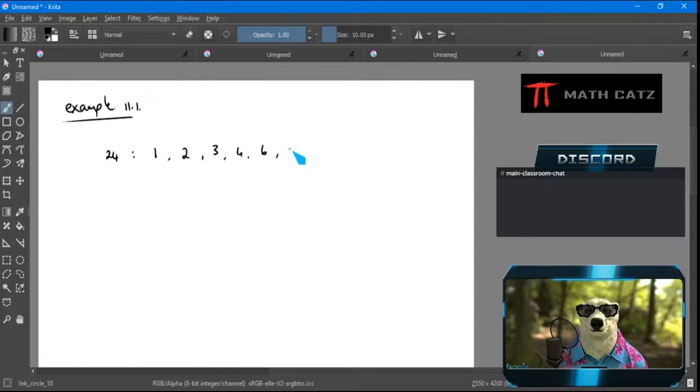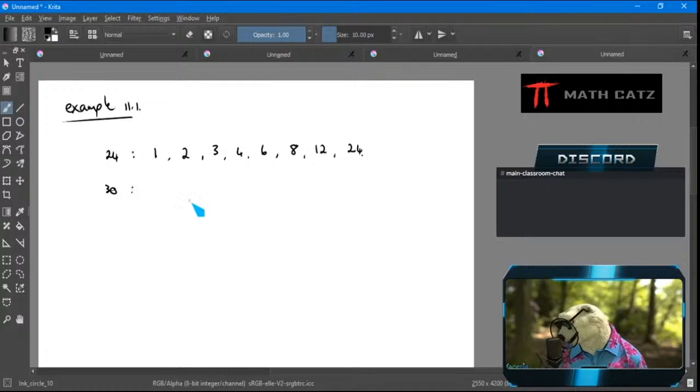Six children would work, not seven. Eight would work, not 10, 11, 12. And of course, I can split it among 24 kids. Everyone would get one. So I have a factor list here. List of all factors of 24.